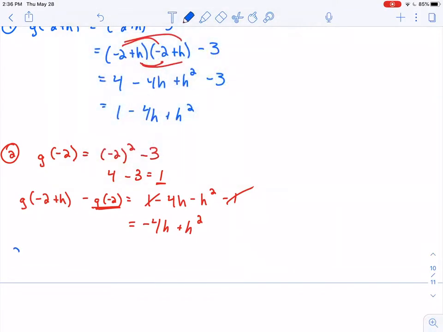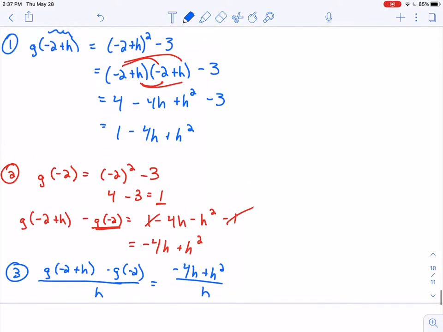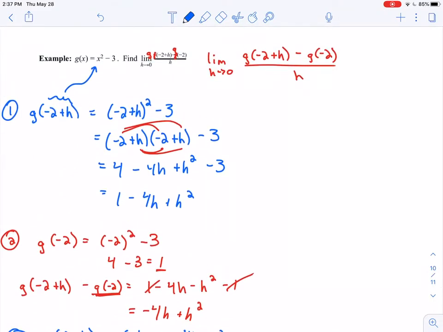So next, I'm going to take what I found so far, g of negative 2 plus h minus g of negative 2, all divided by h. This is negative 4h plus h squared divided by h. Now, if you look at how this limit is defined, you're always going to have this h in the denominator, and 9 times out of 10, your goal is to get rid of that h.